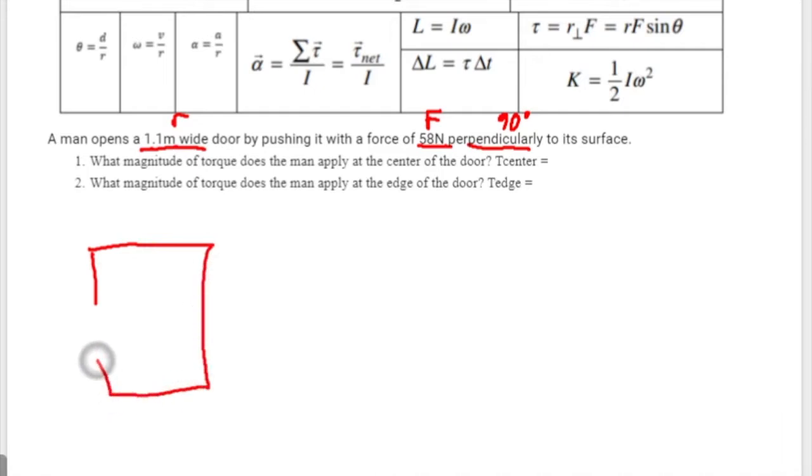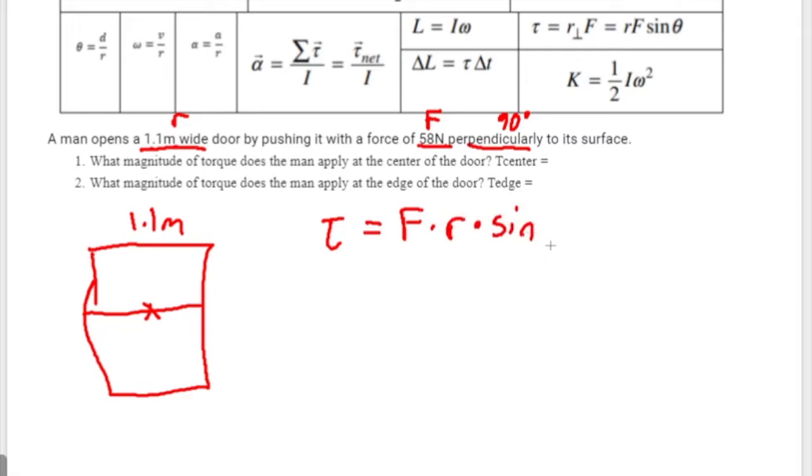And let's say that R, like we said, is 1.1 meters. So the center of the door would be half that distance. I know that torque is equal to force times the R times sine of my angle. It tells me that it's perpendicular, so that's 90 degrees here, which is just 1.